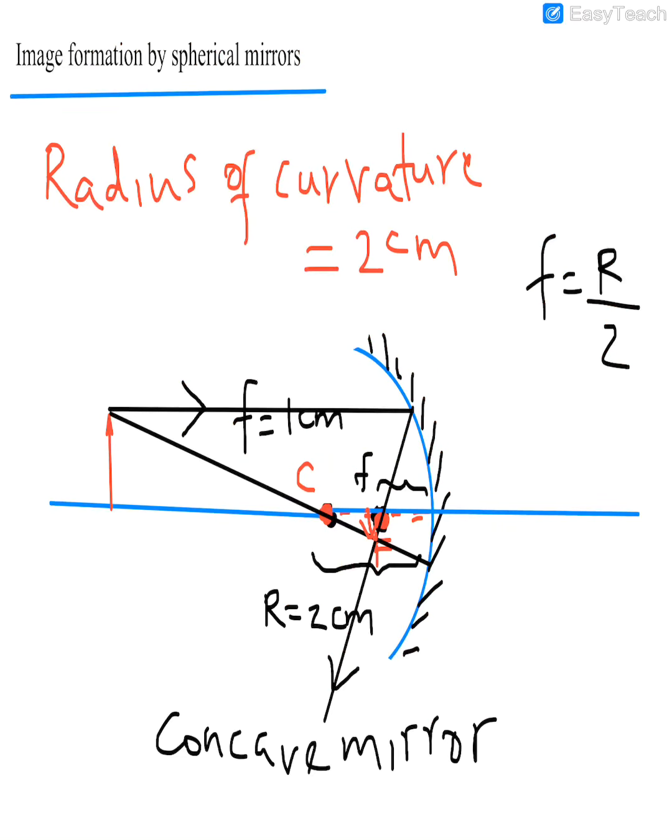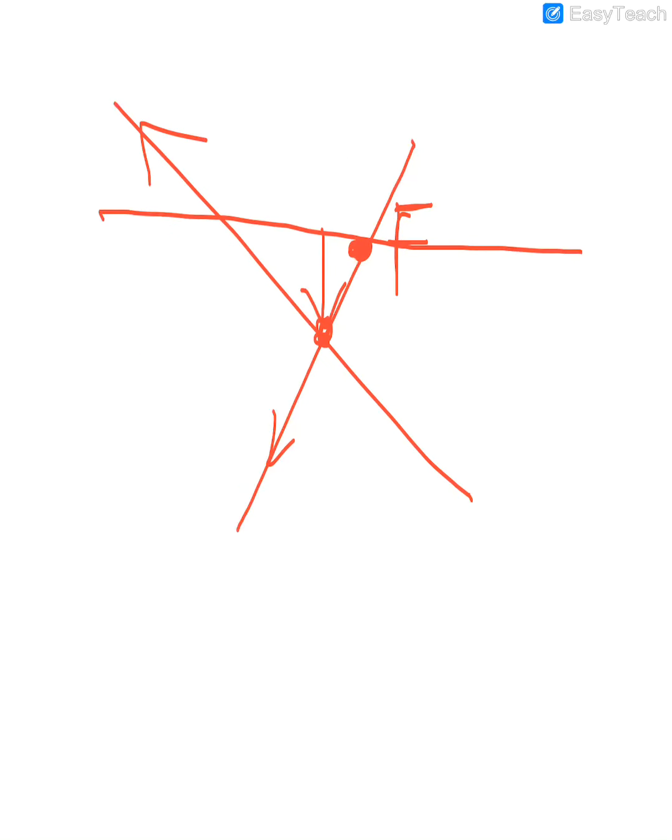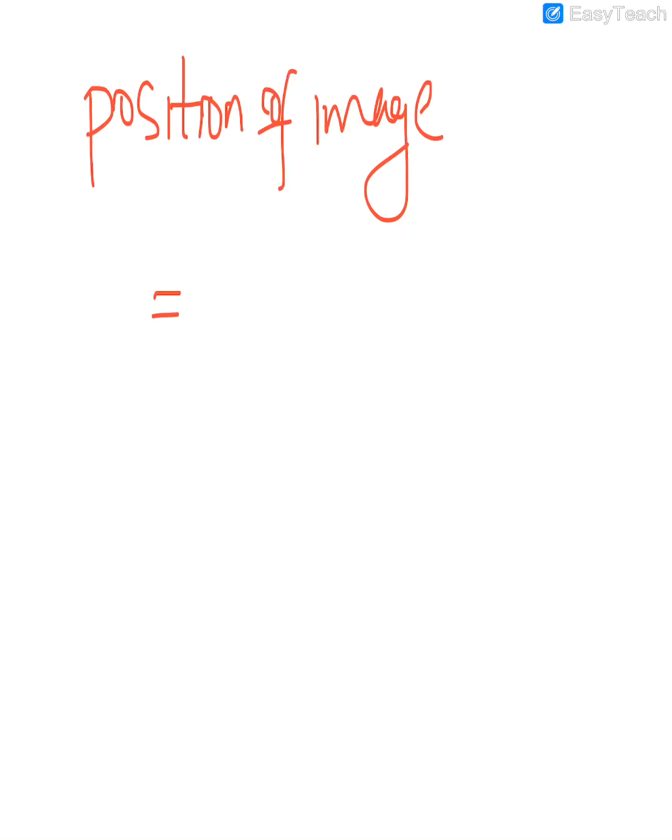You can see it is between C and F. It is in between C and F, isn't it? So position is between C and F. When you place the object beyond C, then your image will be formed in between C and F.